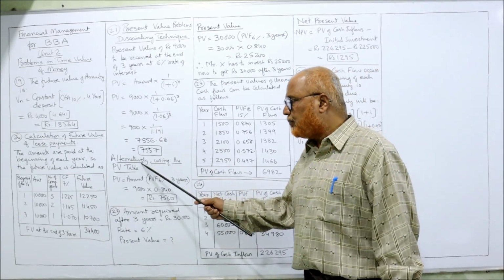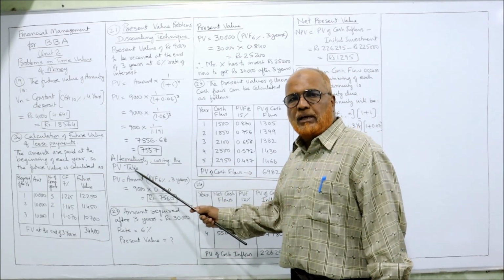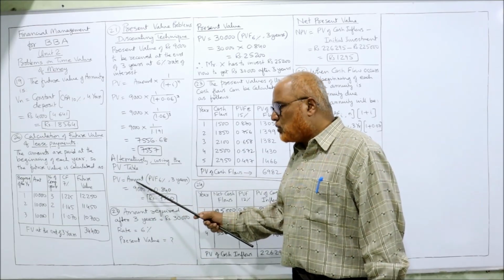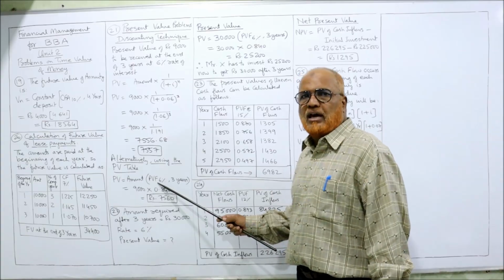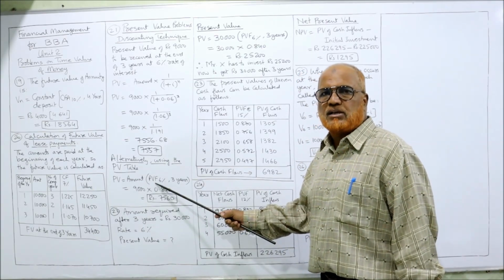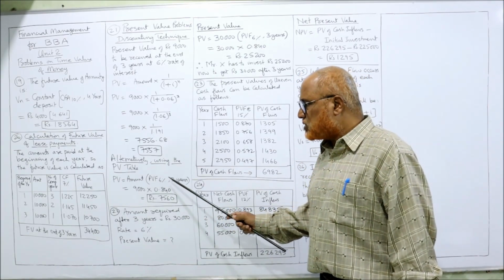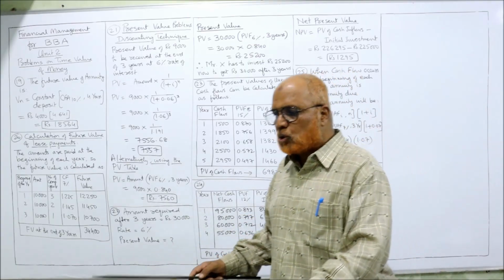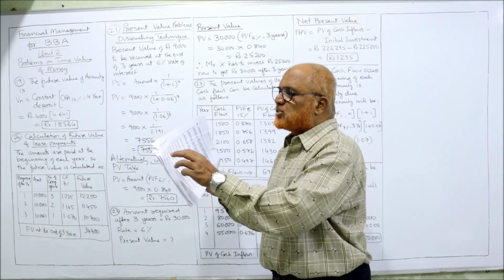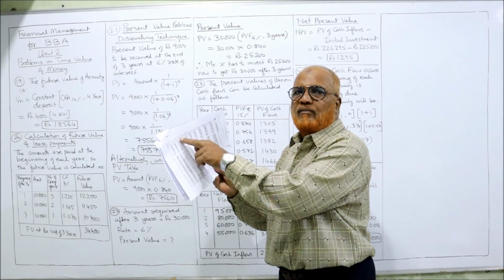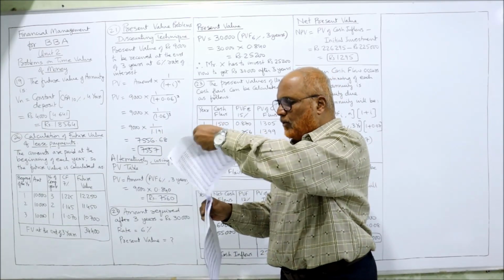Now alternatively, using the present value table, present value is equal to amount into present value factor, PVF, which stands for present value factor at 6% for 3 years. Now I'll show you in the table. In the table, first of all, don't see the compounding value. We need the present value.